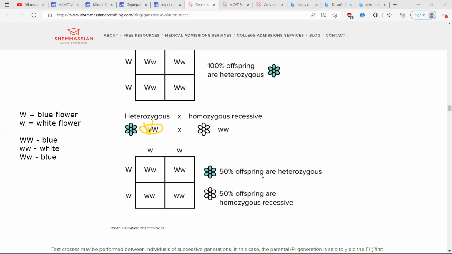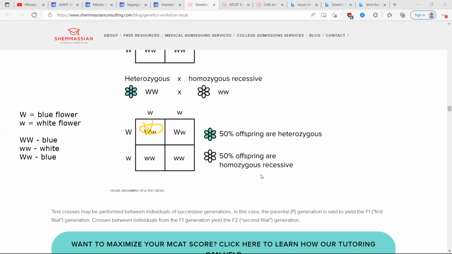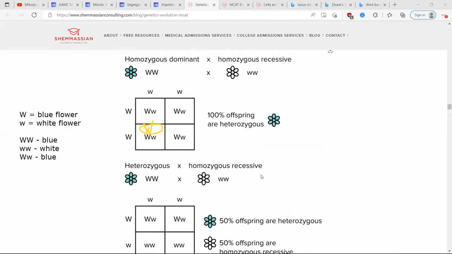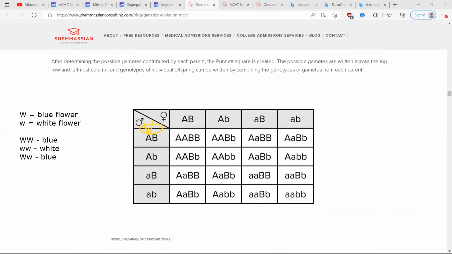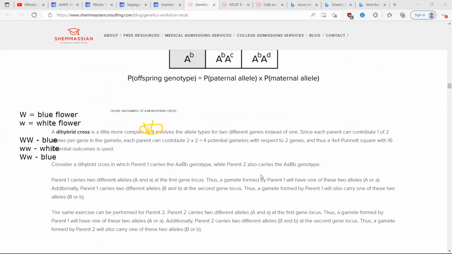So this allows us to predict what we'll see in the offspring generation.